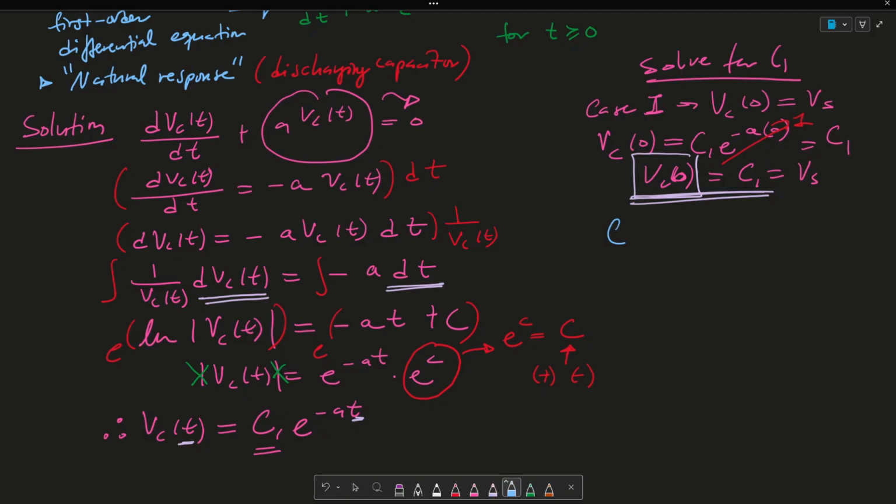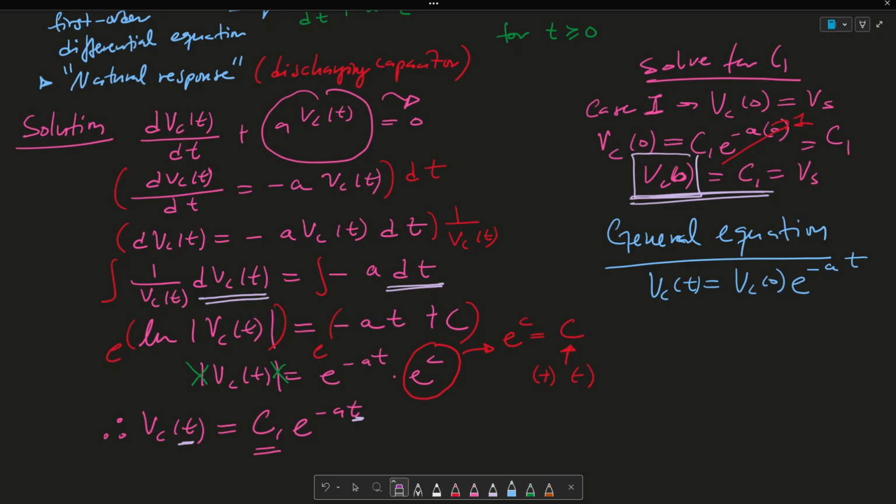Now I'm going to write a general equation. This general equation is VC(t) equated to VC(0) times e to the minus At. But again, we said that A is equal to 1 over RC, so this is over RC. This RC is what we call the time constant tau.